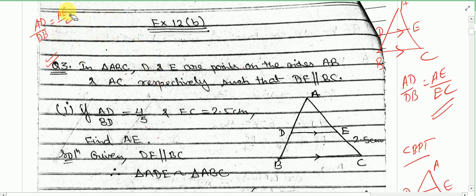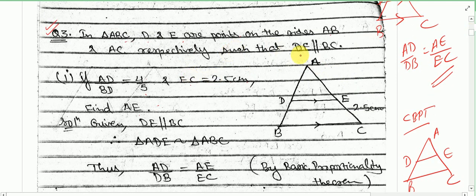So here in this question, you can see that triangle ABC is given and DE is parallel to BC. So here we will apply BPT, basic proportionality theorem. So BPT means we will have AD upon DB is equal to AE upon EC.